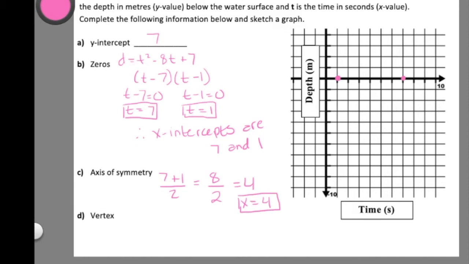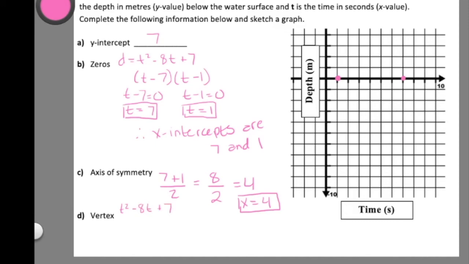So I'm going to go back to the original question, which was t squared minus 8t plus 7.